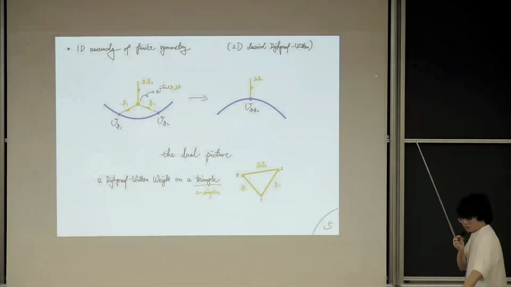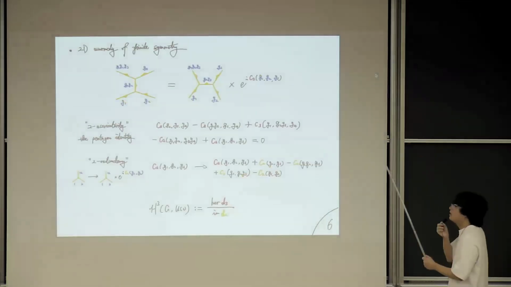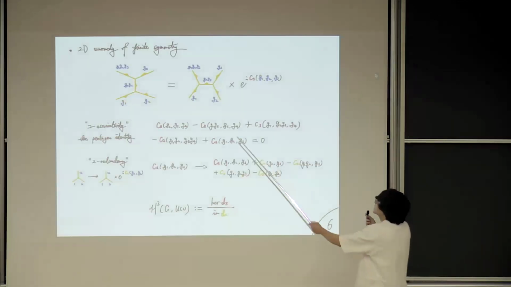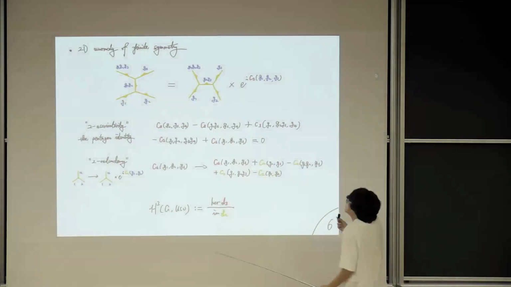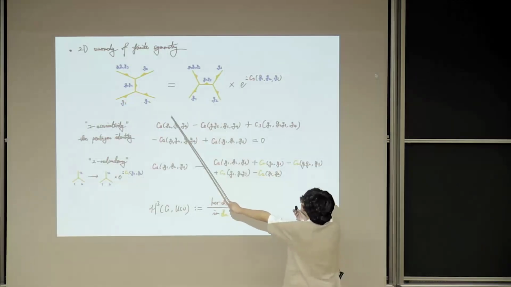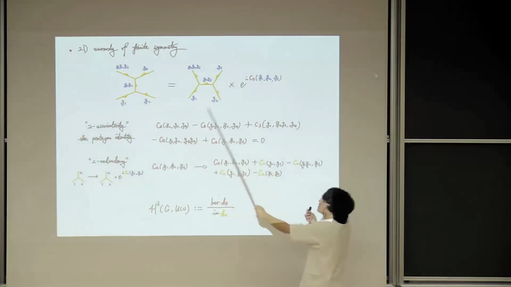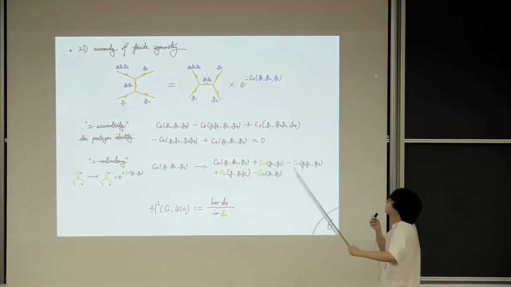Now let me raise up the space-time dimension by 1. So let's consider the 2-dimensional anomaly. This is also a situation familiar to us. The anomaly is captured by the F move of some web of topological operators.